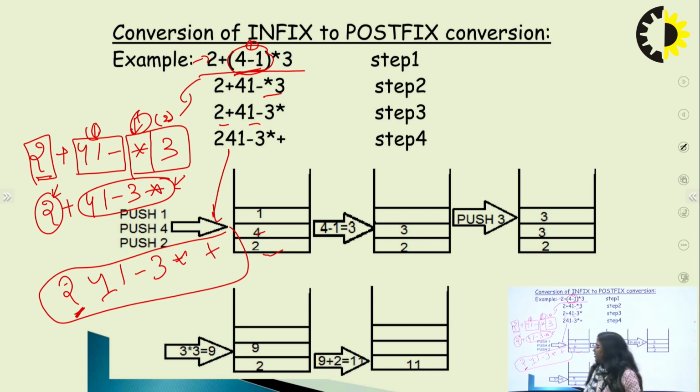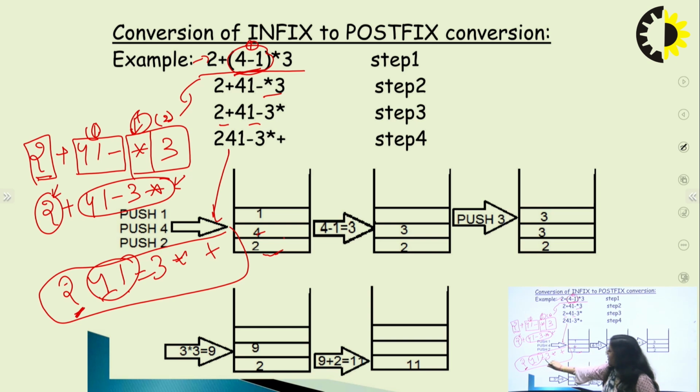Okay, the last 2 digits. So 2 easily inserted, again 4 easily inserted in the stack, 1 easily inserted. But now comes the minus operator. When any operator comes, use the last 2 values in the stack and apply this operator.